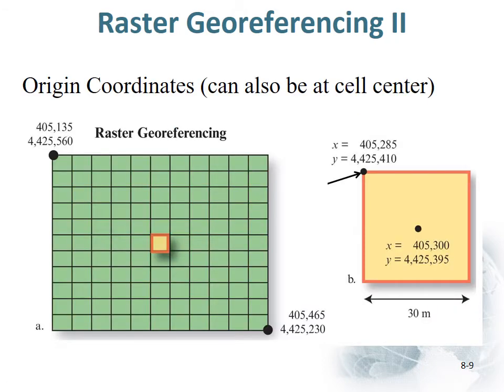So let's think again for a few minutes about how these rasters of pixels are actually being drawn on the screen, what you're actually seeing. In order to draw a raster to visually display it, the GIS system needs to know at least two of the opposing corners that describe the outer margins of the raster, and given the cell size, it can then draw all of the intervening pixels that fill the array.